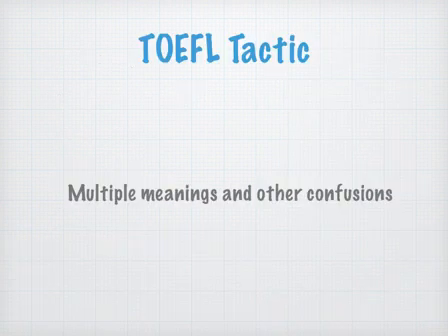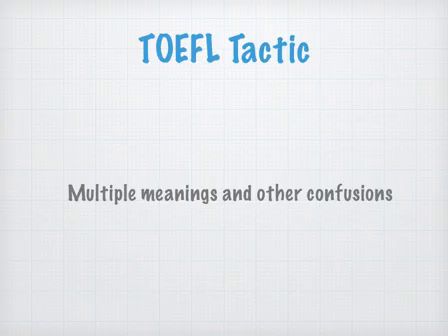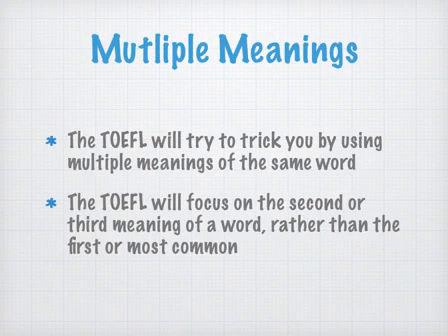Which leads us nicely on to the first of our TOEFL tactics: multiple meanings and other confusions. The TOEFL will try to trick you by using multiple meanings of the same word. This is one of the really annoying things about English.